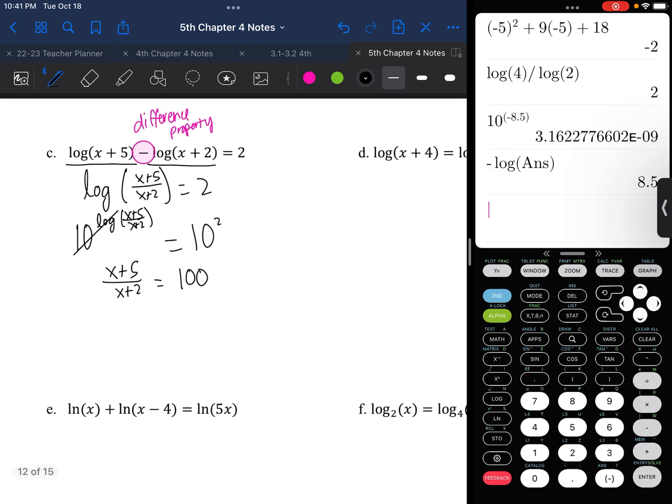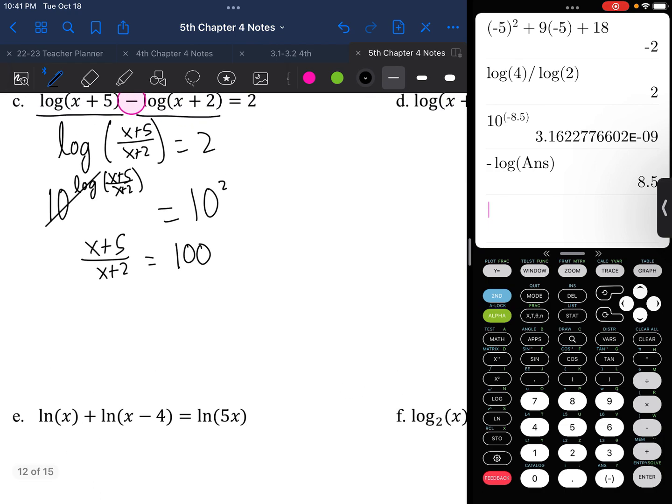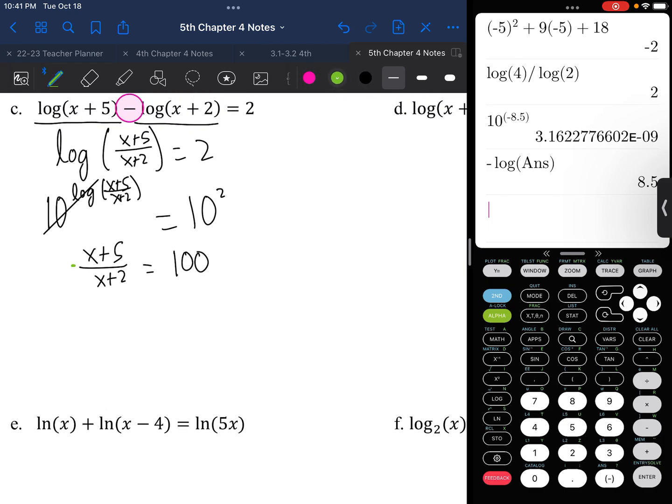Now from here, you guys know how to do this. You really do, I promise. You're going to multiply by the denominator to get it out of the denominator. So you'll have x plus 5 equals 100x plus 200. Then you got to get your x's together.